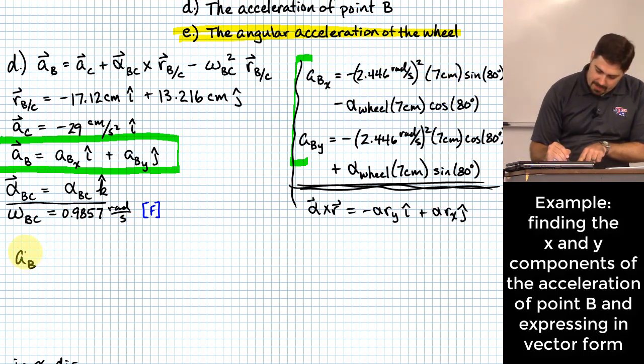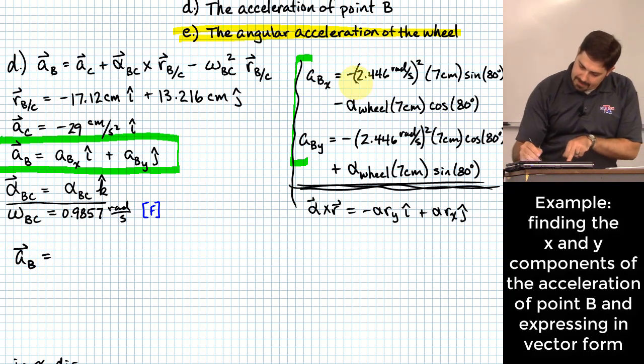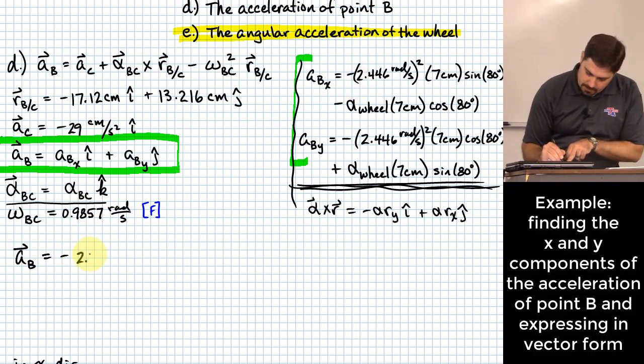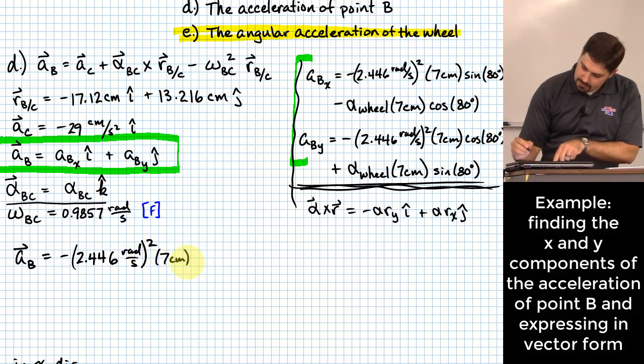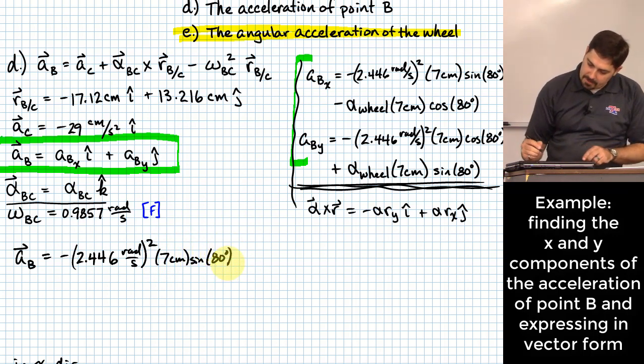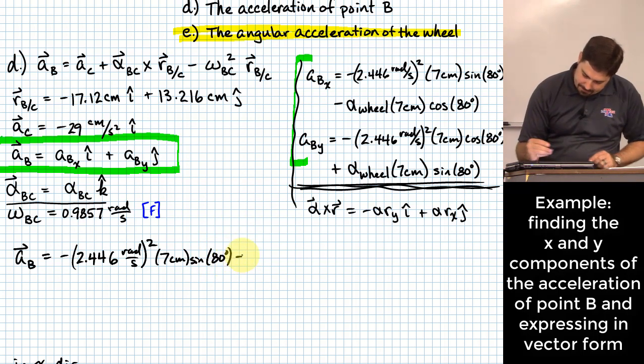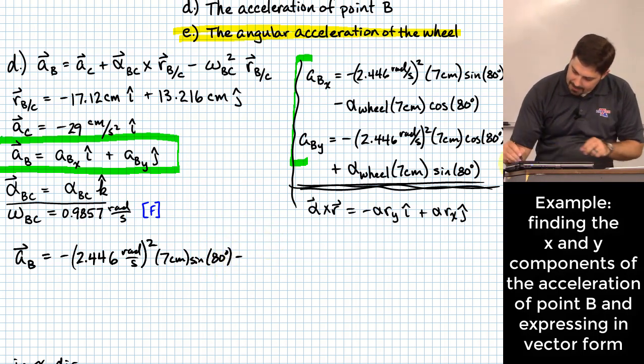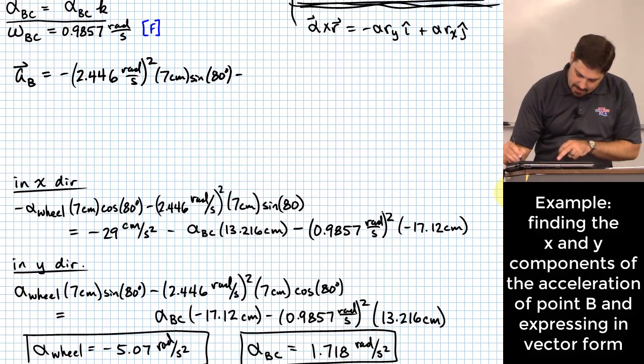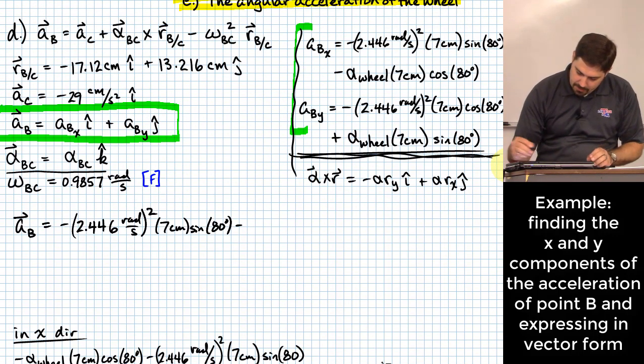All right, ABX is given with this expression up here. I'm solving for AB, and so I have minus 2.446 radian per second squared times 7 centimeters times a sine of 80 degrees minus alpha wheel, and alpha wheel is now negative 5.07 radians per second squared.